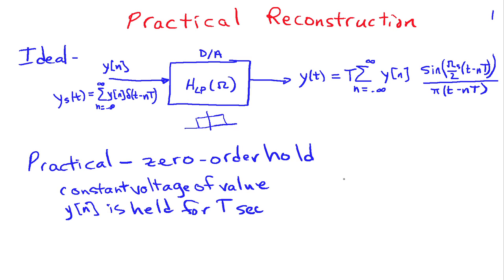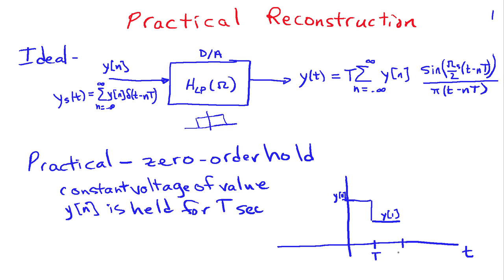So I can sketch an example here. If this is the value at time 0, say that's y of 0, then for the continuous time waveform I'm going to hold that value for a duration T. And then at y of 1, I have, say, this value, and I'm going to hold that.